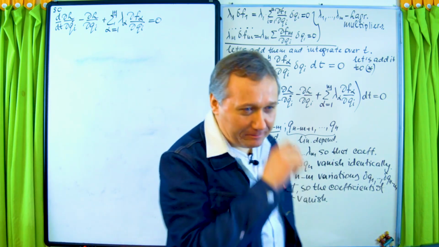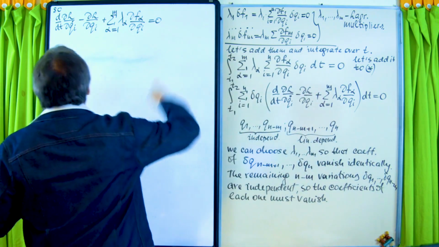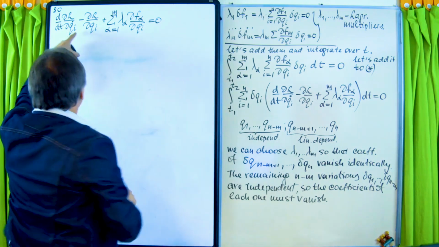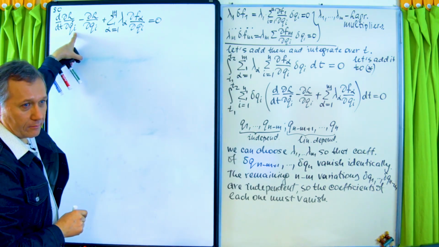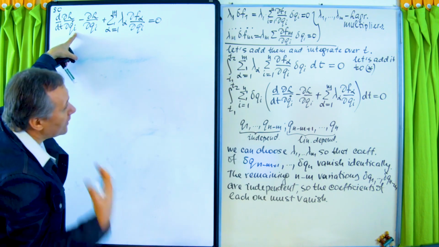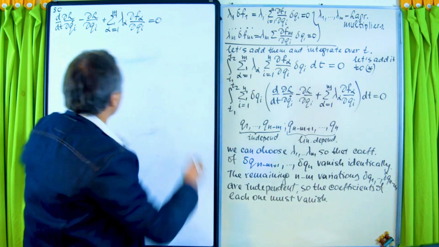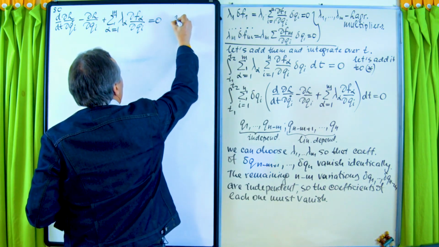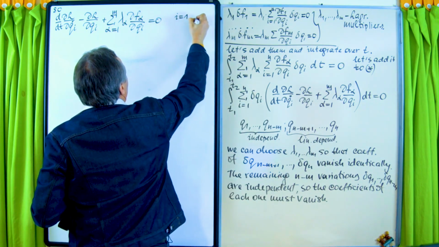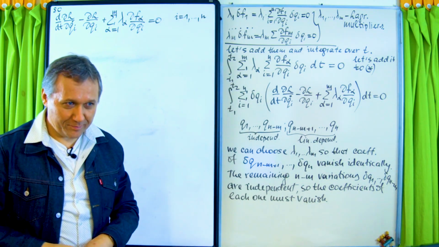Let's count how many equations we have. The index i shows which equation, so i runs from 1 to n. So we have n equations.